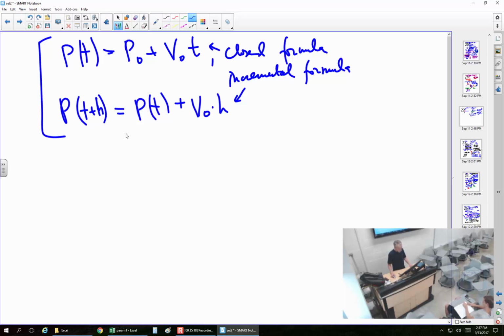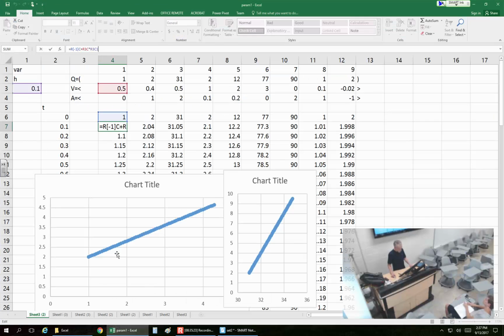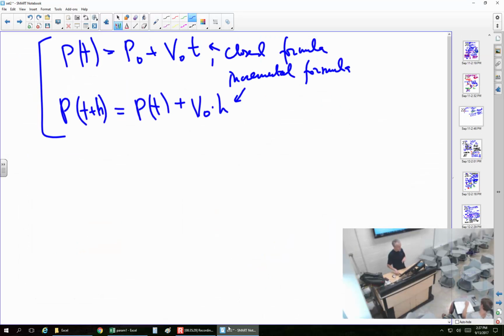So anyway, that does not work out as well for the example of accelerating motion, because I should not only update the location, I also have to update the velocity. So let's discuss that quickly.